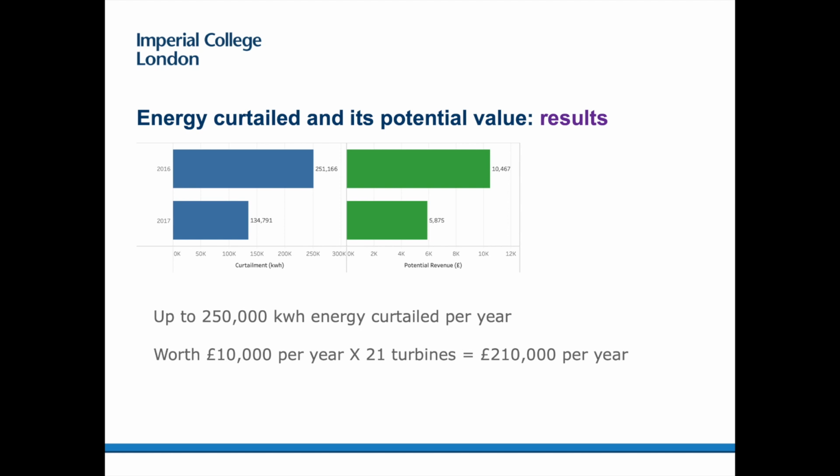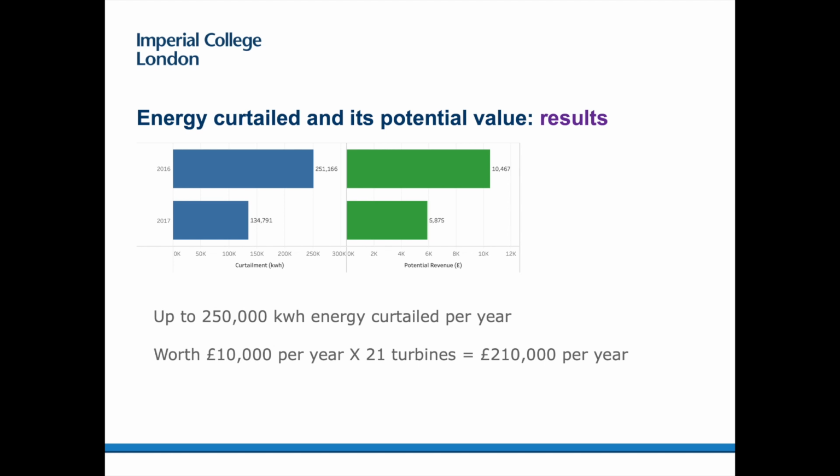We present our results for two years, 2016 and 2017, where in blue we have the curtailment and in green we have the potential revenue. If we take the year 2016, we see that up to 205,000 kilowatt hours of energy was curtailed for that year, which would equate to roughly £10,000 of potential revenue lost because of the curtailment.